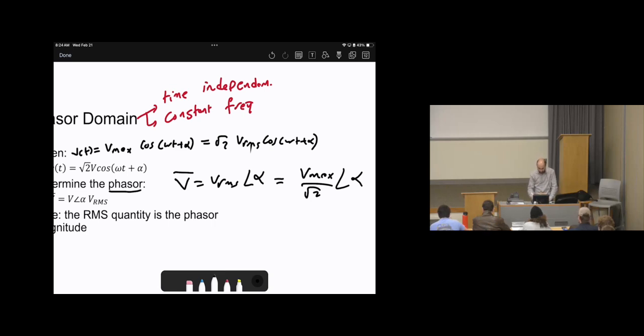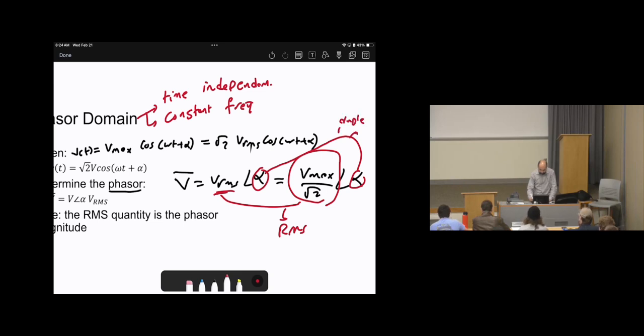Then we realize that this is the RMS value, and alpha is the angle in degrees. The other thing we see is that V bar is a complex number. So we can realize three different things.